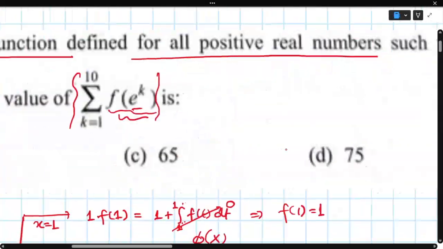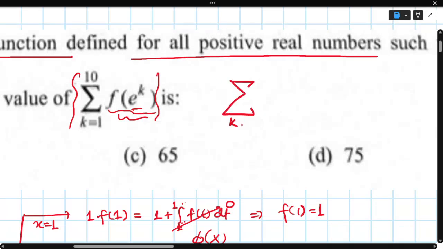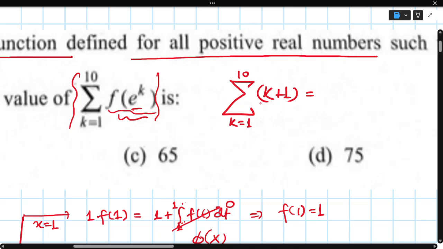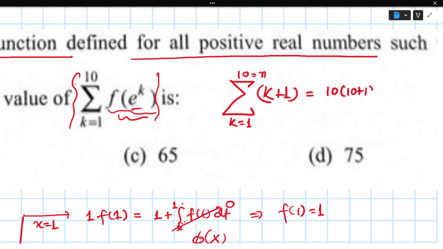Now if we put the value of f(e^k), we have the summation from k equal to 1 to 10 of (k plus 1). What is the summation of k? We know that the summation of n is n(n plus 1)/2, so with n equal to 10 we put n(n plus 1) divided by 2.